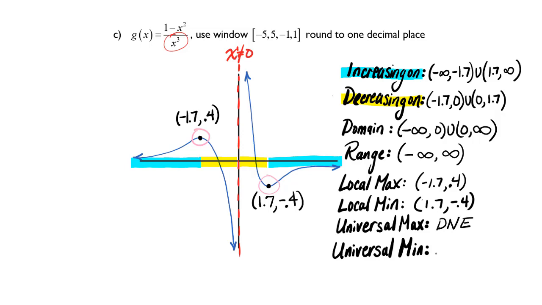And your universal minimum does not exist. Because if you look at this function, it continues to move upward as the domain values get closer and closer to 0 from the right. And the function decreases to negative infinity as you approach 0 from the left.